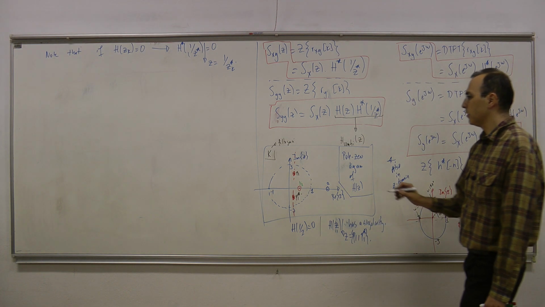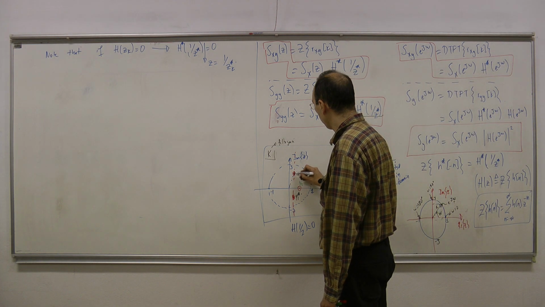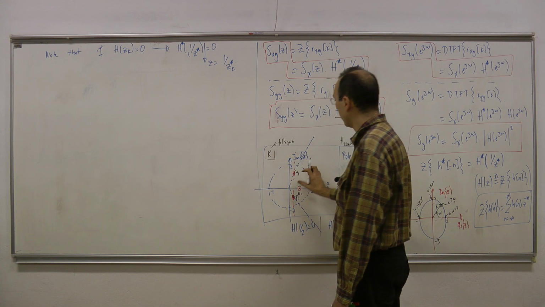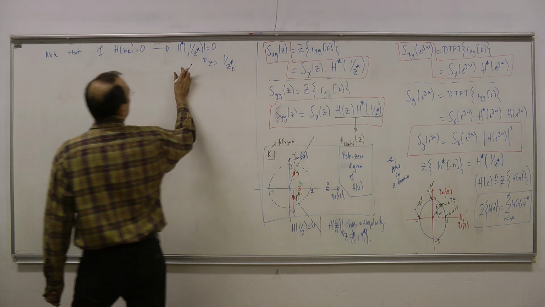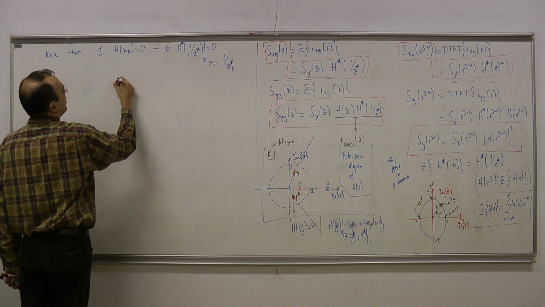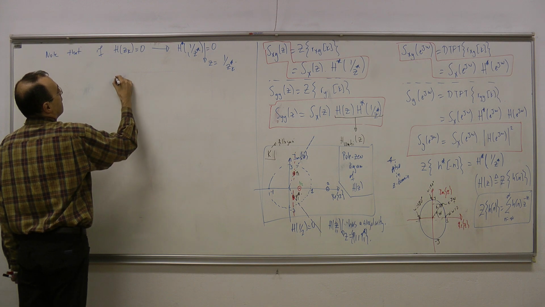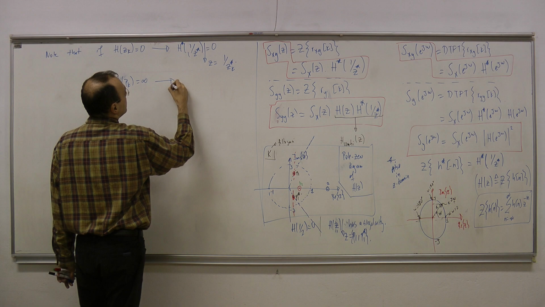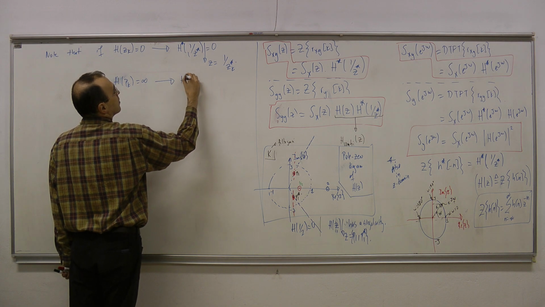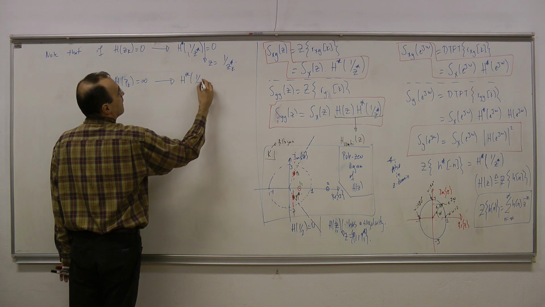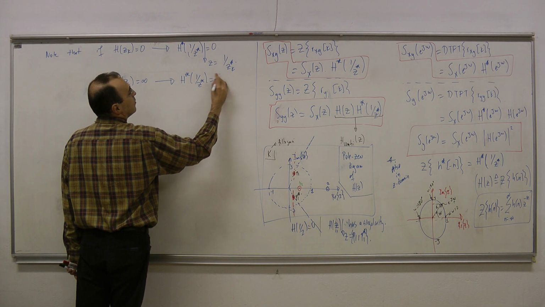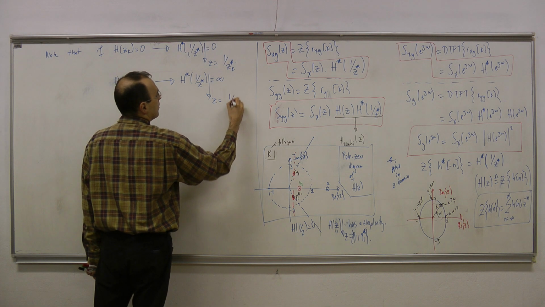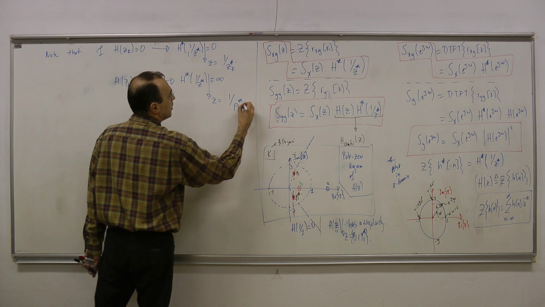Similarly, if there is a pole, H of pk is infinite, let's say, then it is also infinite at 1 over pk conjugate.